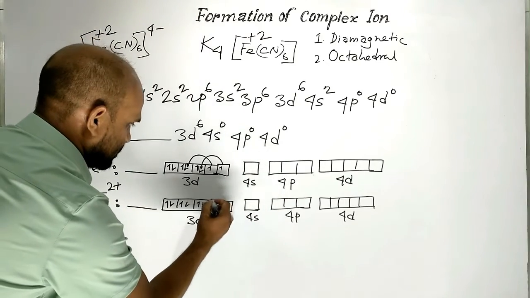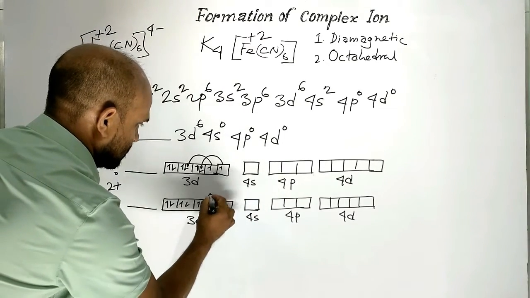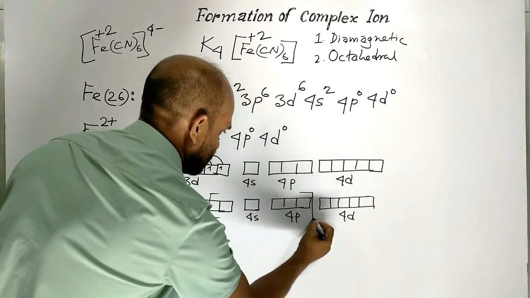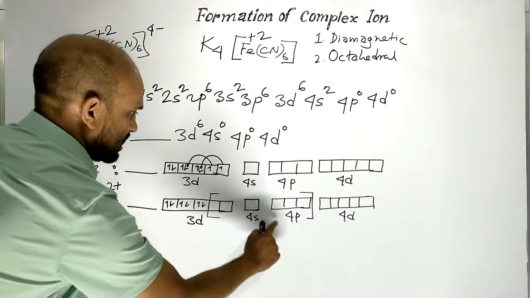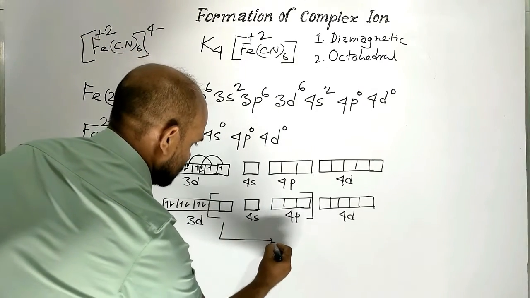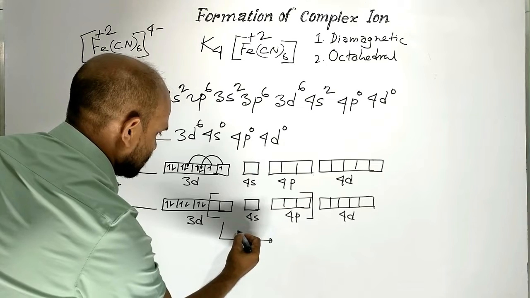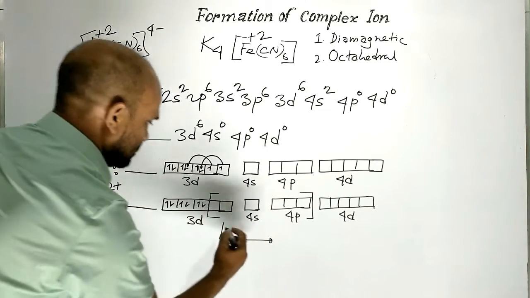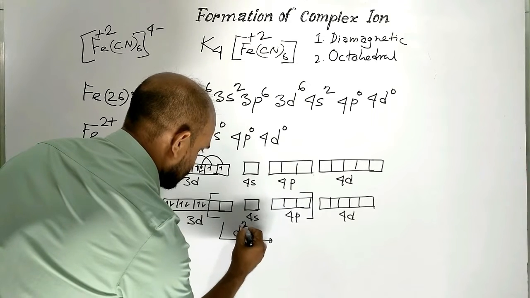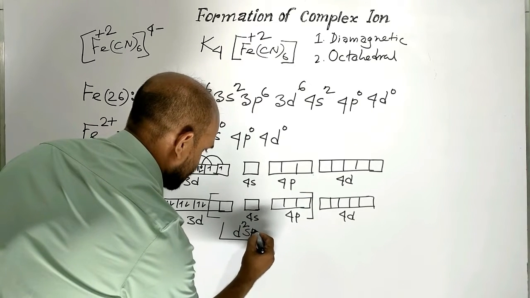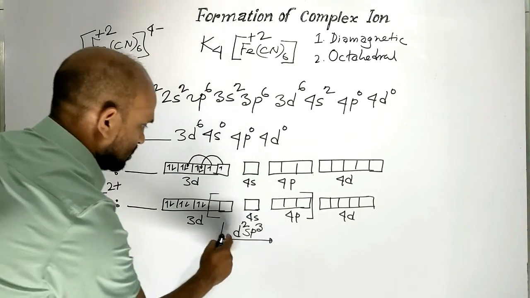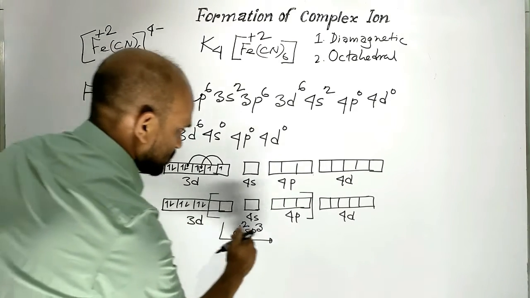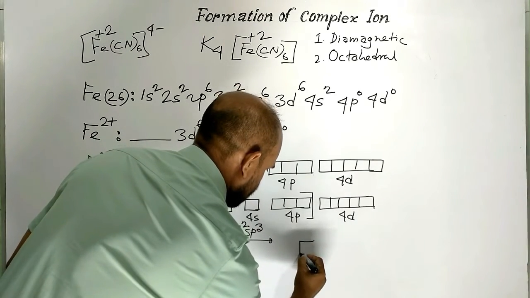That is, hybridization is d2sp3. Hybridization that occurs in iron 2 plus ion is d2sp3.